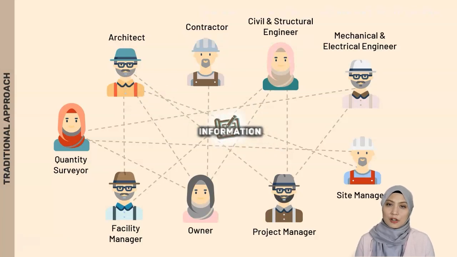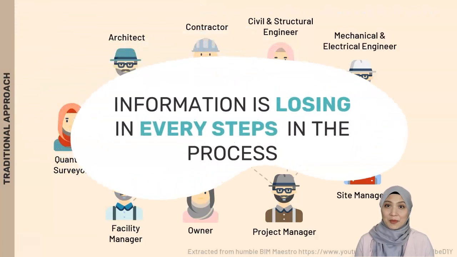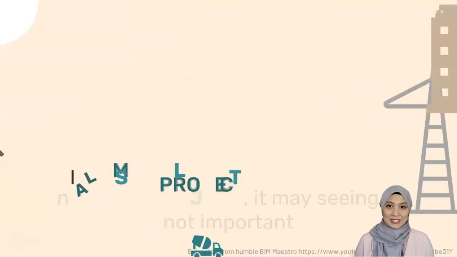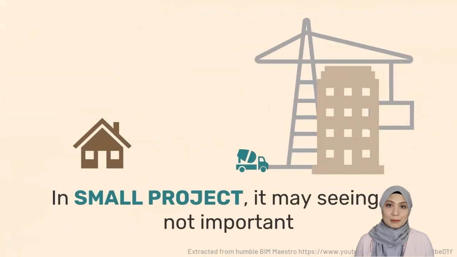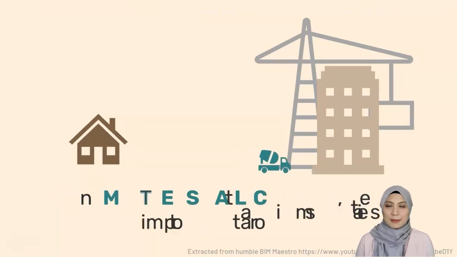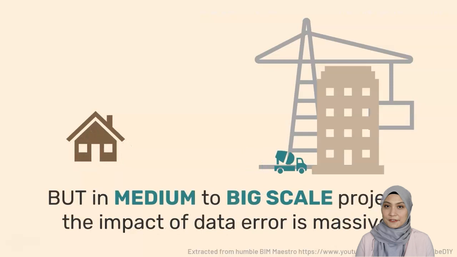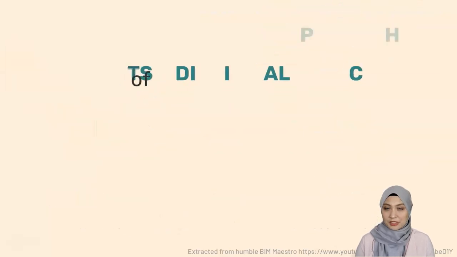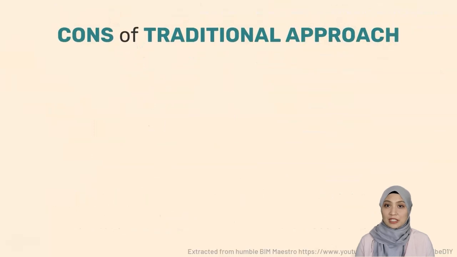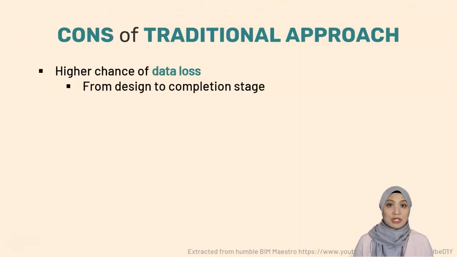So there is a lack of data management in traditional approach, and information is lost in every step of the process. In small project, it may seem as not important, but in medium to big scale project, the impact of data error is massive. Here are some cons of a traditional approach. Higher chance of data loss due to multiple manual amendments from design to completion stage.